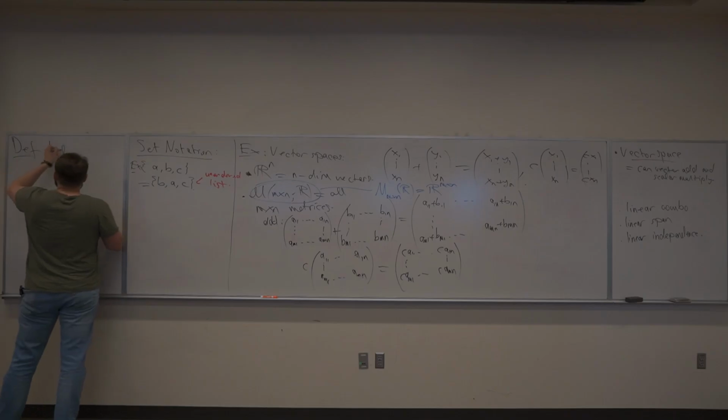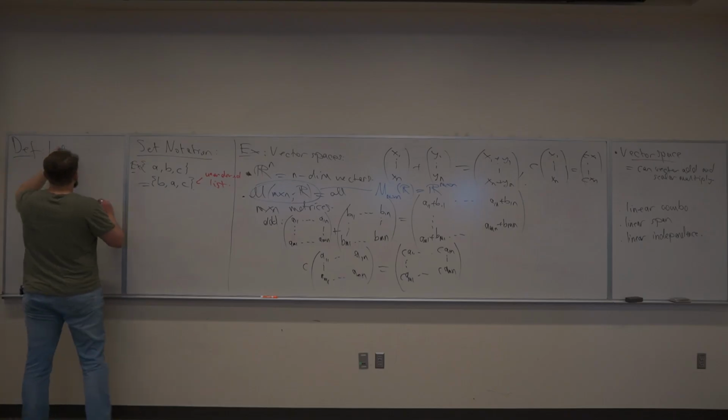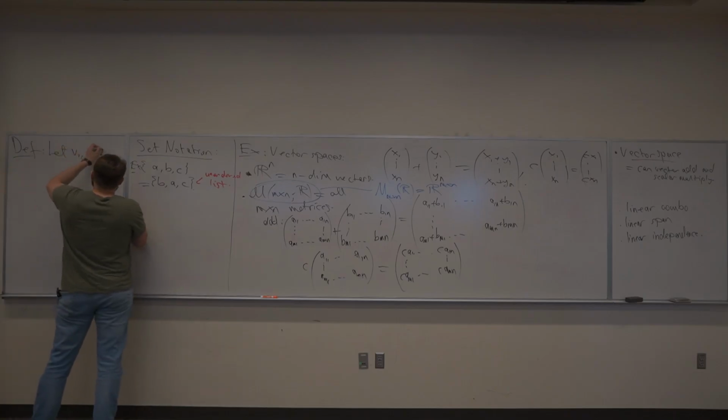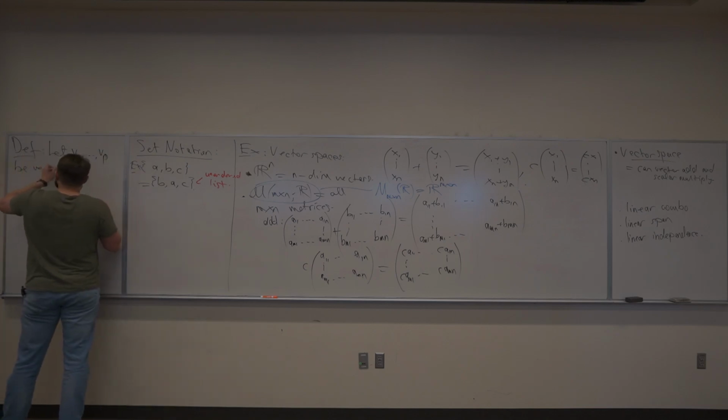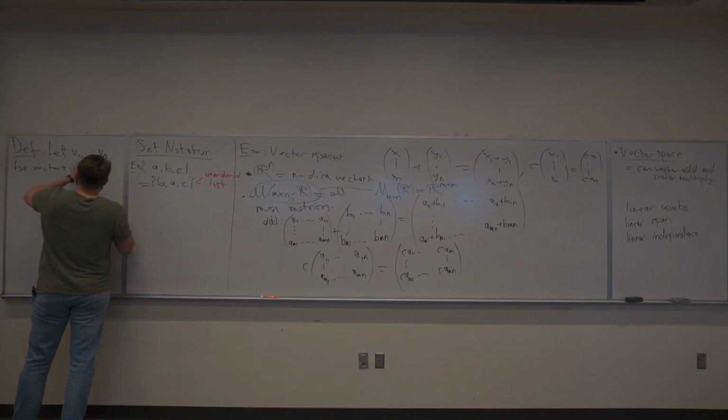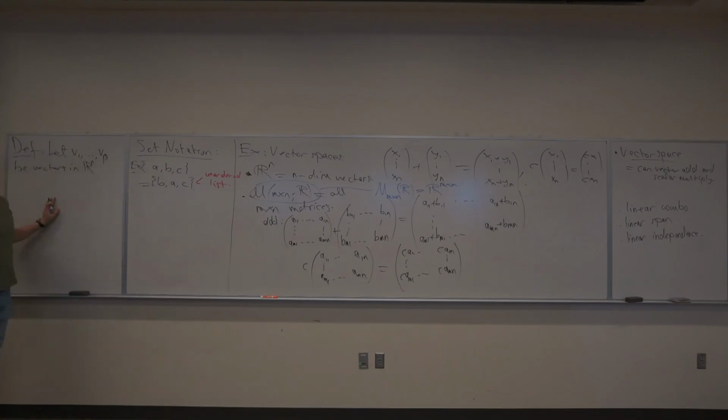I'll write it here. So let B1 dot dot dot Bp be vectors in Rn. Okay. So each of these is an n-tuple.